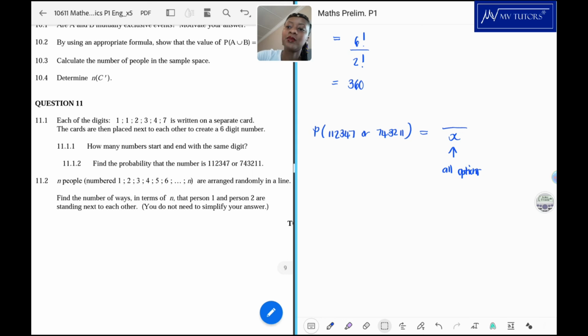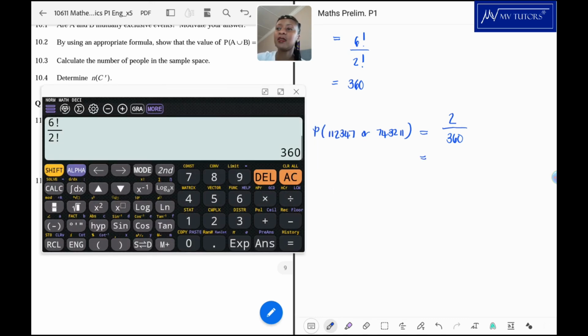We have 2 over x, and we found that x is 360. So the probability is 2 over 360. 2 over 360 is actually 1 over 180.